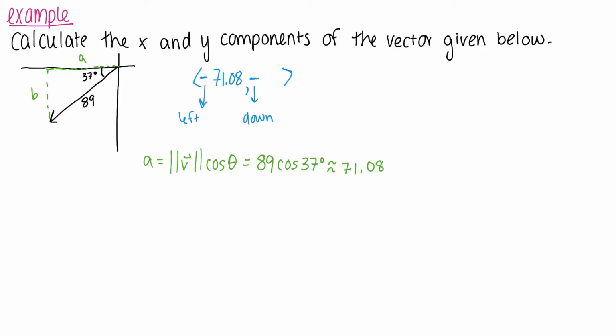And then for B, that's the magnitude of the vector sine theta. So 89 sine of 37 degrees. And I get 53.56.